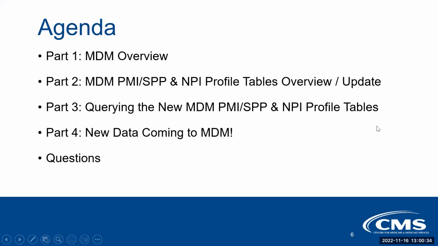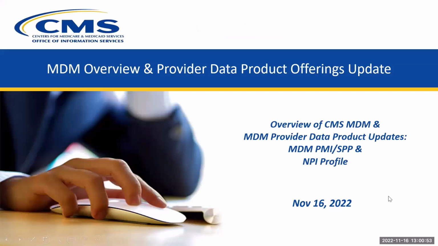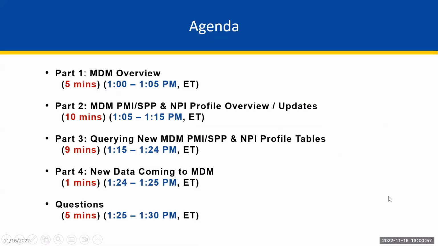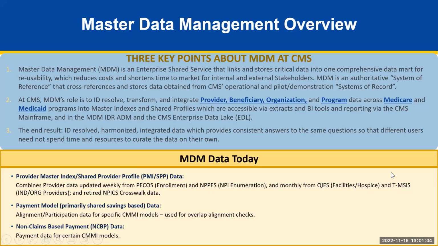We'll walk through a quick overview of those like we provided last year, but we want to really focus on what updates we have for you this year. Those updates come with some new tables. Sandhya will walk through all of that, and then we'll bring attention to some new data coming into MDM at this point in time. With that, we'll get started with our initial overview.